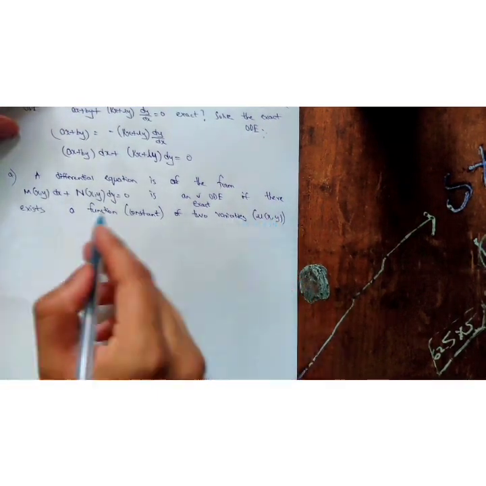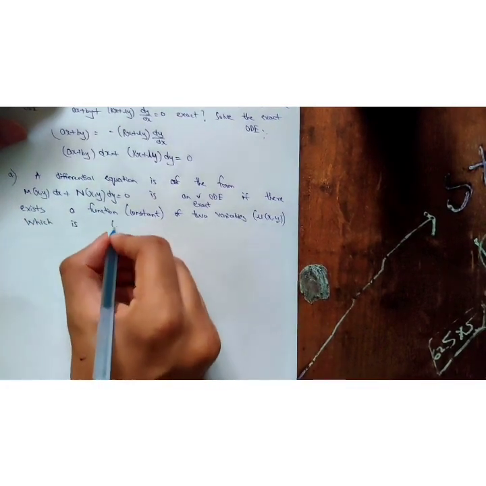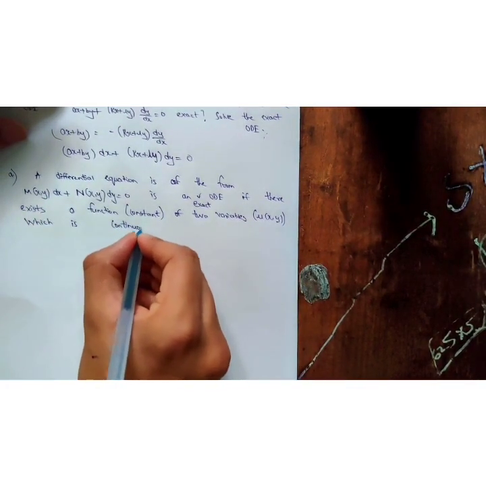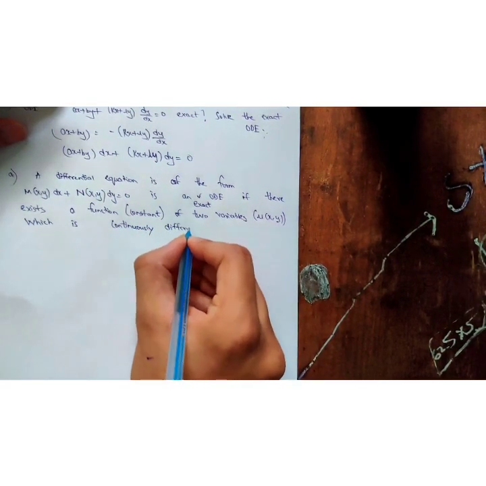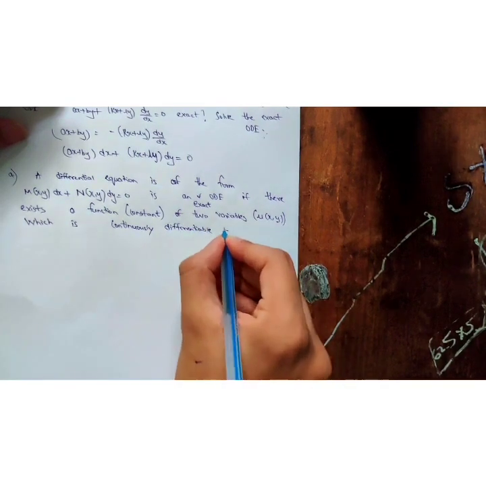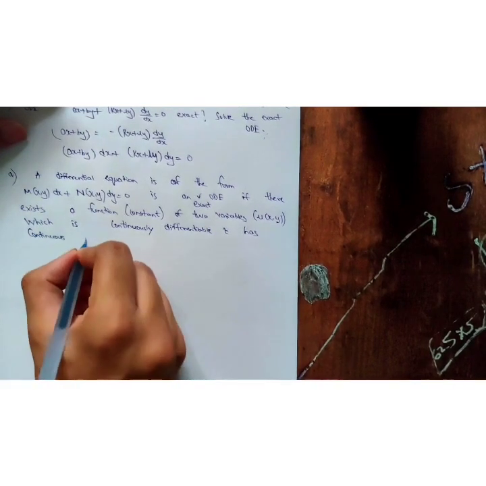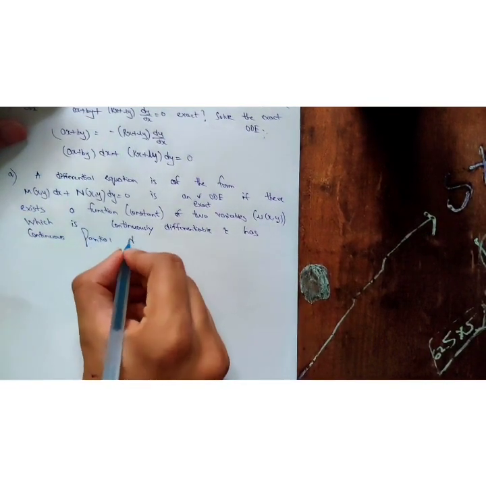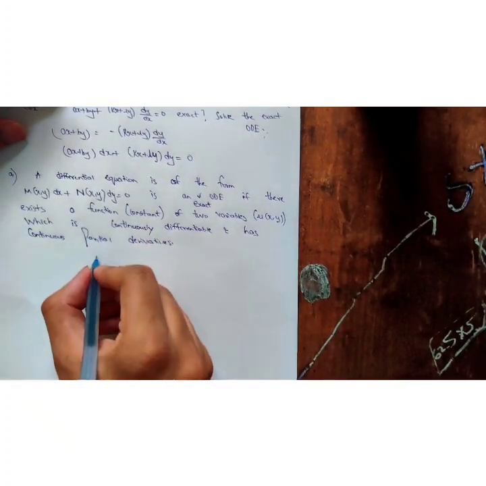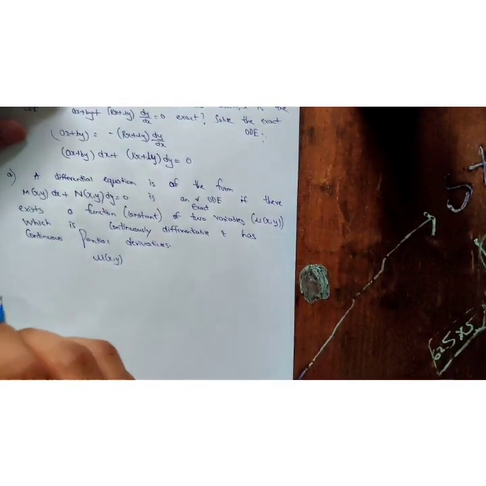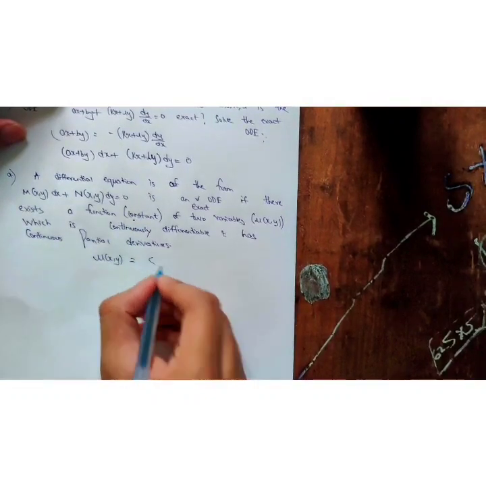It's a function with two variables, a constant function which is continuously differentiable and has continuous partial derivatives. Okay. So u(x, y), we have said that it is a constant function.